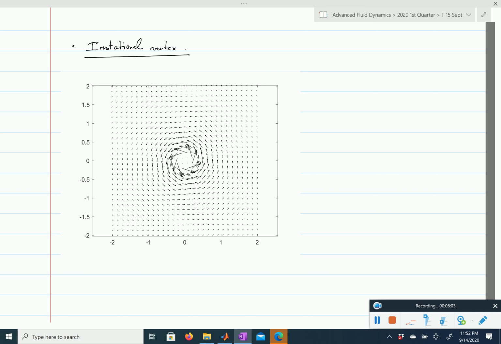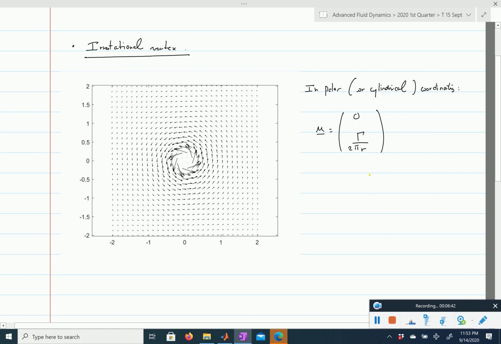So the components of the velocity field of the irrotational vortex in polar coordinates would be, so there would be no component in the radial direction, that would be 0, and in the circumferential direction it will scale as 1 over r, and usually we will write the coefficient as gamma over 2 pi, and as we'll discuss later on in the class, in the second quarter, gamma here is called the circulation.